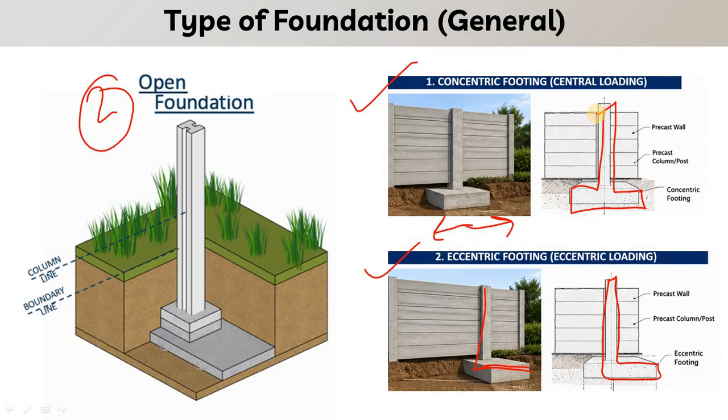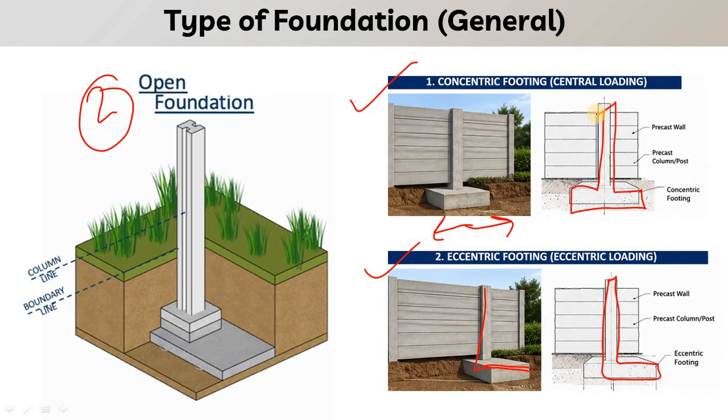Now the question may be when we can use the concentric footing and when we can use the eccentric footing. The scenario is, if the boundary wall has to be placed inside the plot limit, or in line with the plot limit, in that case we cannot extend our foundation or any element outside our boundary wall limit, or construction limit.